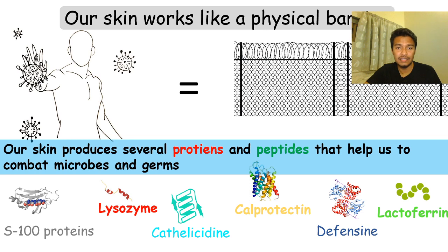It is fascinating that our skin has the capability to get rid of microorganisms, but there are also some commensal microorganisms present on our skin. Most of them cannot grow because our skin has a very low pH and all of these proteins. That's why our skin is not a good place where microbes can grow.